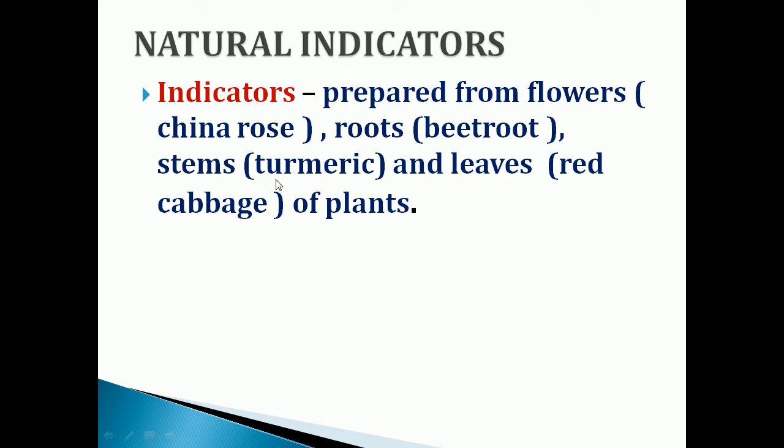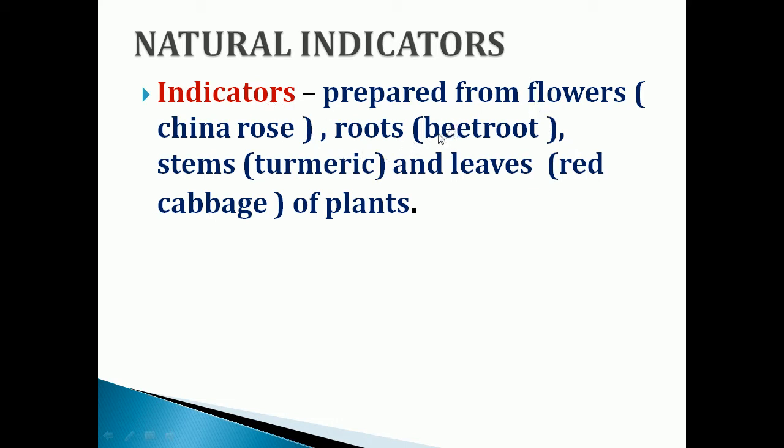An indicator prepared from flowers, for example, is China rose. You know China rose, its other name is hibiscus. So we can use the flowers of the hibiscus plant for preparing an indicator.